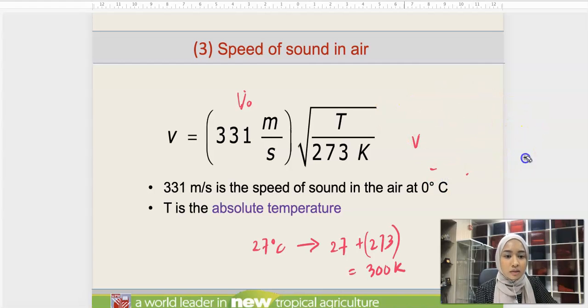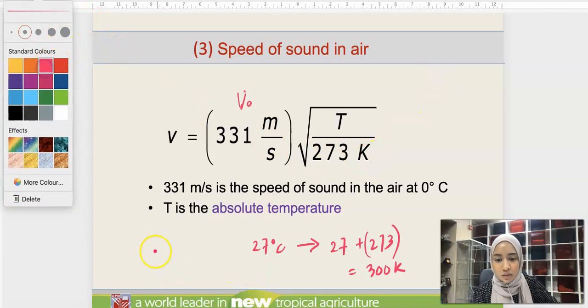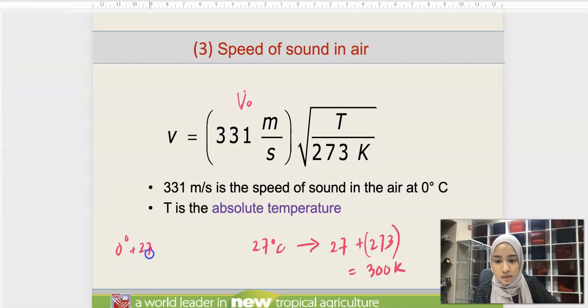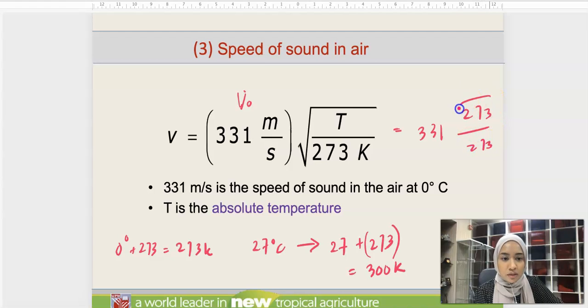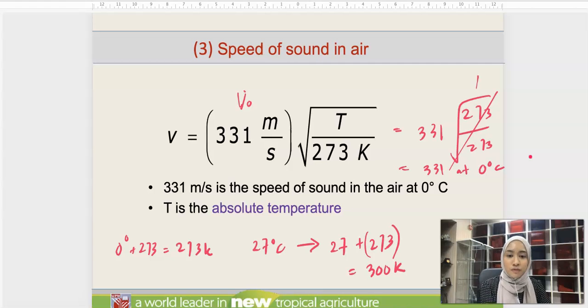I can do that. 0 degrees plus 273 is just 273 K. So this becomes 331 times the square root of 273 over 273. That's just 1, so the answer is V is just 331 at 0 degrees Celsius. We can use the equation to find out, but it's just a waste of time. I'm just showing it to you so you don't have to do it again.